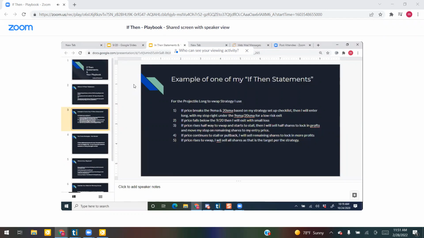Again, if price does this, then I do that. Five, if price rises to VWAP, which is my strategy target, then I will sell all shares.